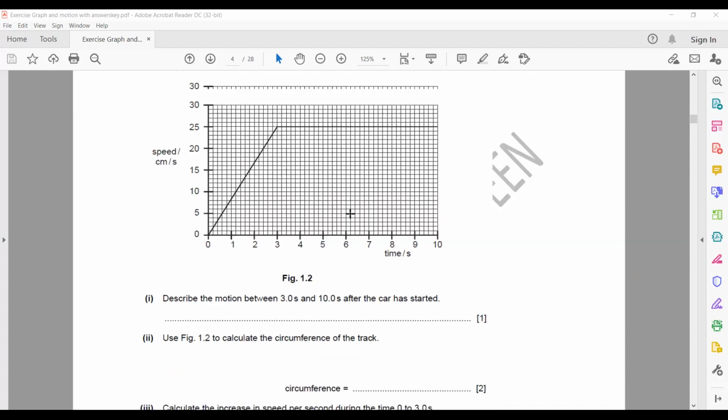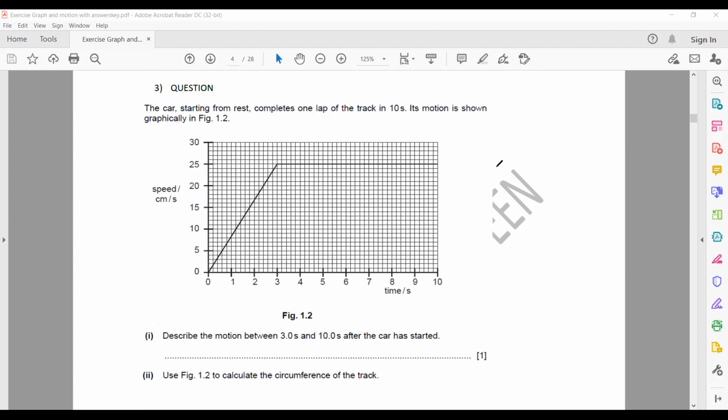So when it's a straight line graph and we are calculating acceleration, we can use the formula: final velocity minus initial velocity, divided by time. It is starting from 0, so the initial is 0, the final is 25, and the time interval is 3 seconds.